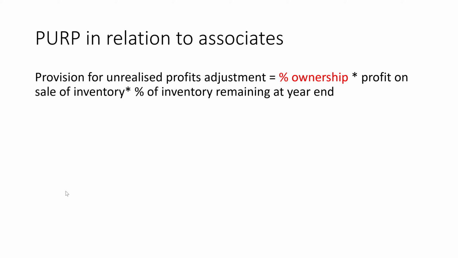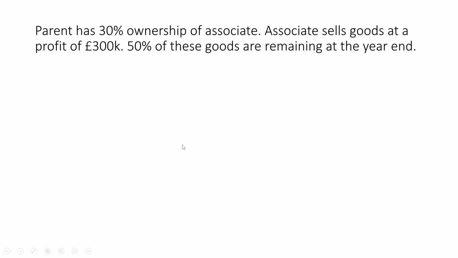Now consider this example. Parent has 30% ownership of the associate. Associate sells goods to the parent for a profit figure of 300k, and 50% of these goods are remaining at the year end.